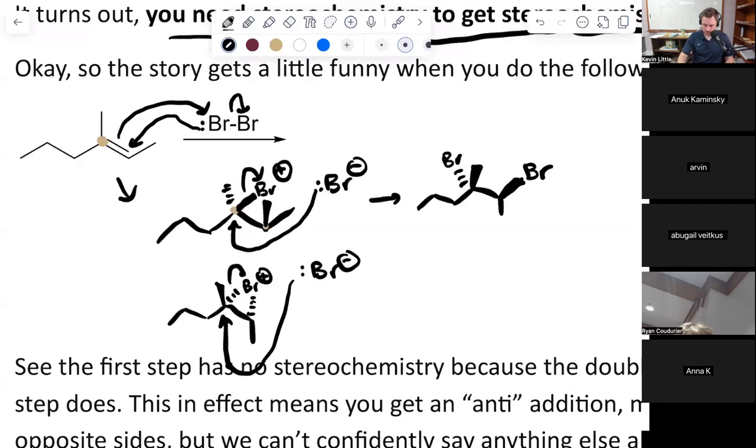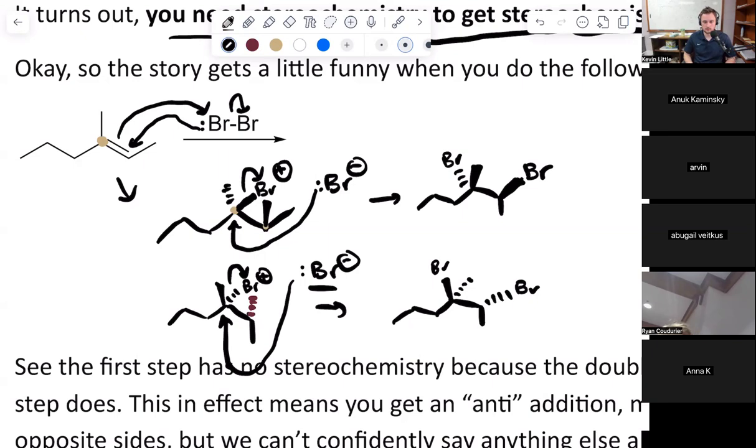It kicks off this bromine from that carbon. So that means this bromine stays on a wedge, right? Nothing changed about this wedge bond, right? That's not what I broke at all. And that means this other bromine did a backside attack because that was the only direction it could come in from. So it ends up being on a wedge, which means that the methyl is attached to is on a dash.